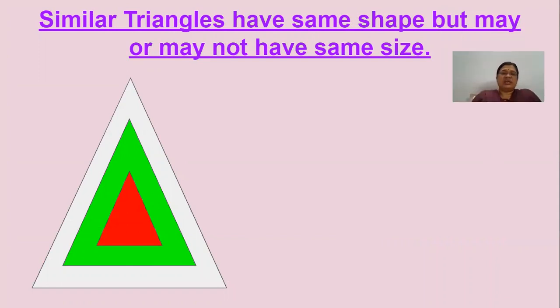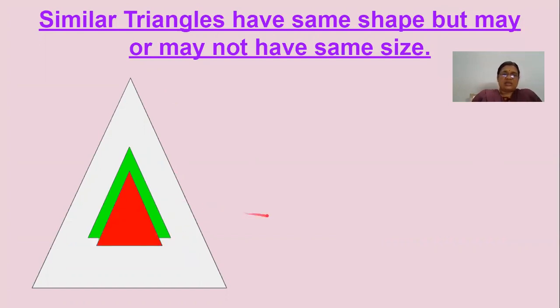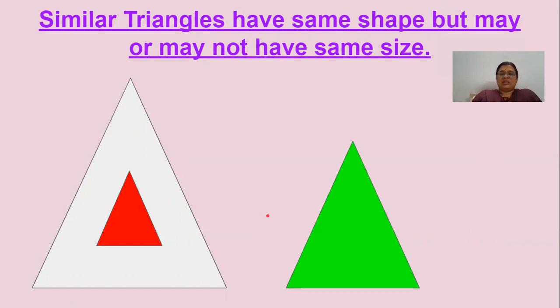This is a triangle. And there are two more triangles in it, isn't it? See, this is a green triangle and this is another triangle which is filled with red color. All these triangles are similar to each other.